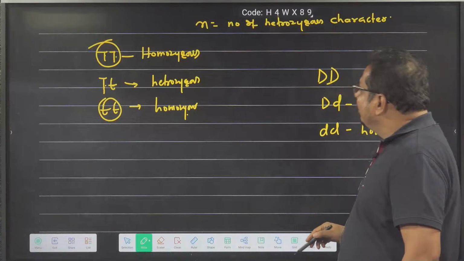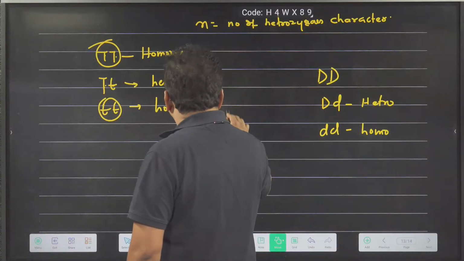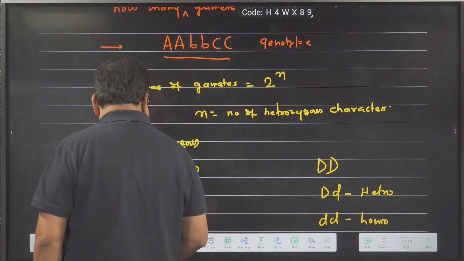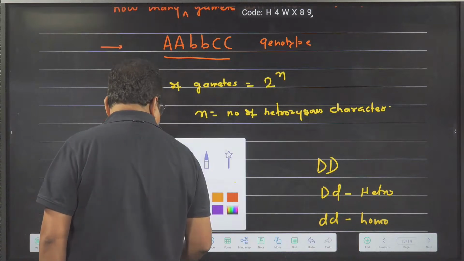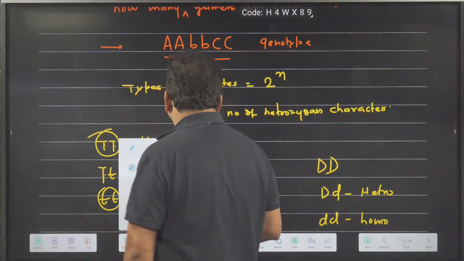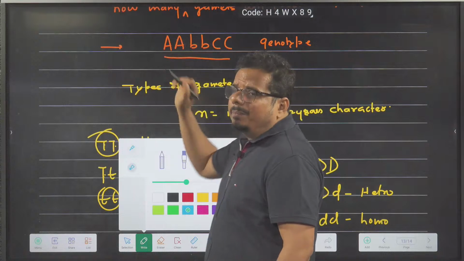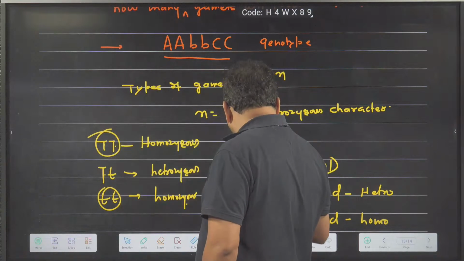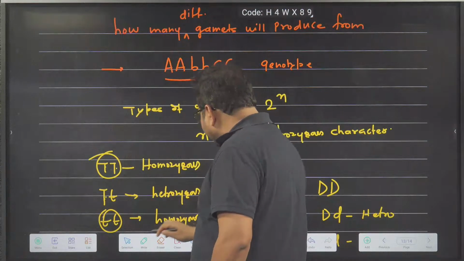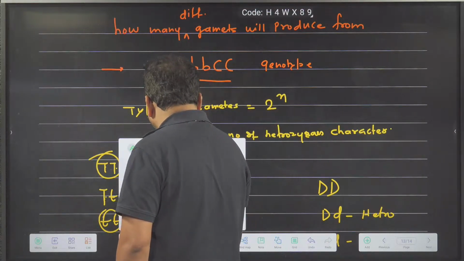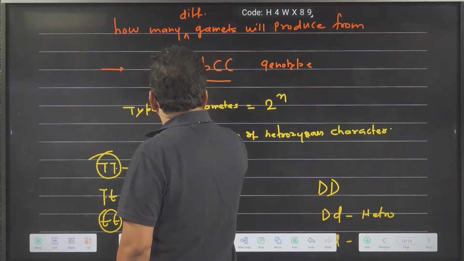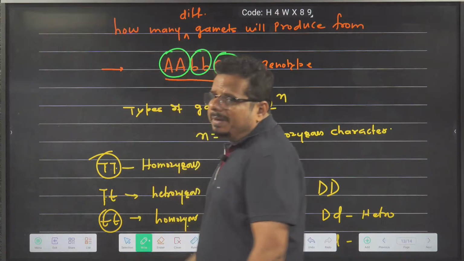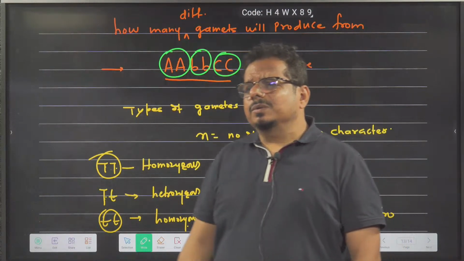So I have given a formula: the type of gametes equals 2 to the power n, where n equals the number of heterozygous characters. First I am asking how many pairs of genes are there. 3 pairs of different genes are there. It is one pair, it is another pair, it is another pair. 3 pairs of characters are there.